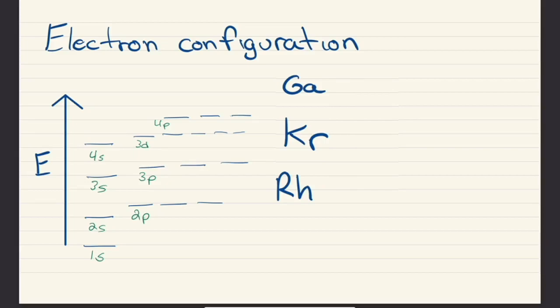So what you see here is a diagram, which I call an orbital energy diagram, showing that the increase of energy is a function of principal energy level, which n is equal to 1, 2, 3, etc.